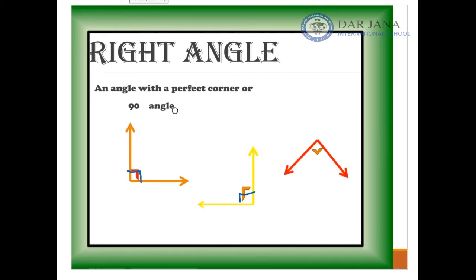So if you can draw a perfect corner, a perfect square, this means it's a right angle. A right angle is an angle with a perfect corner, with a perfect square, and the two rays make an L shape.